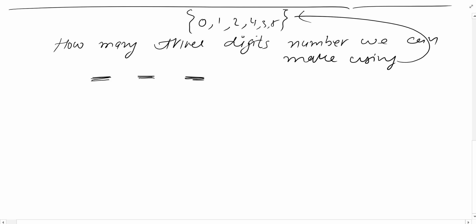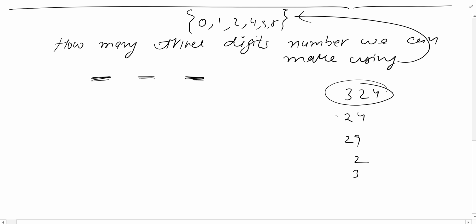Now 3 digits looks like 324, for example, and this is 2 digits, 29 is 2 digits, and 1 digit is just 2 or 3. Now we need these kinds of numbers.